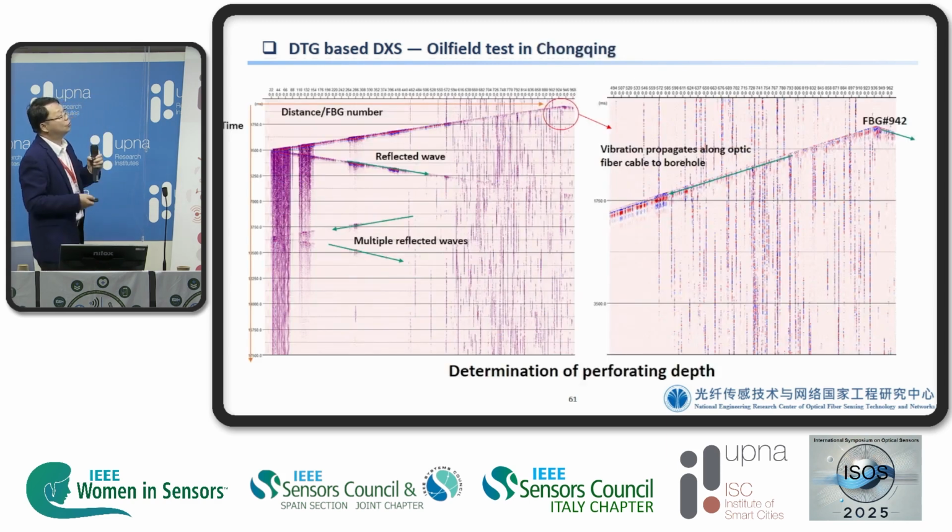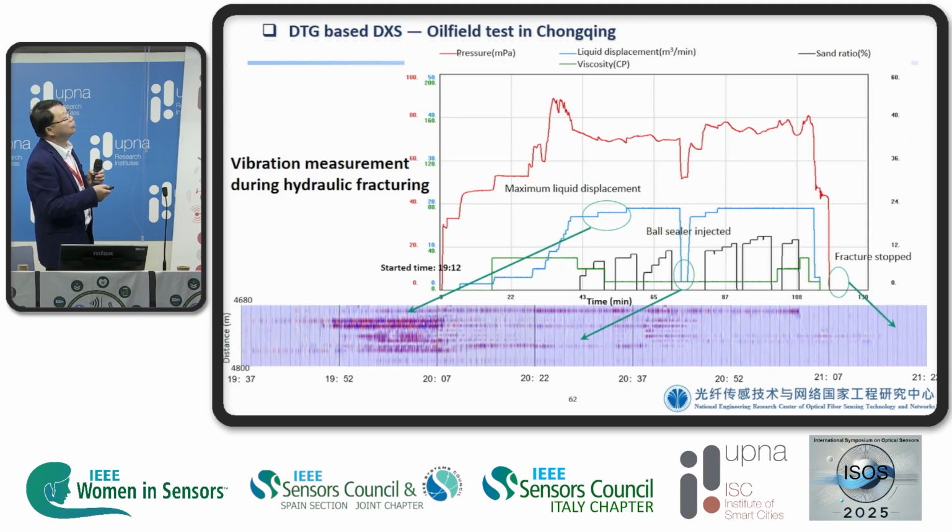And this is also one of the field measurements in China, and we can also get hydrogen fracture monitoring during working, to know what happens here, but we are not good at the signal analysis, somebody else will do the signal analysis.